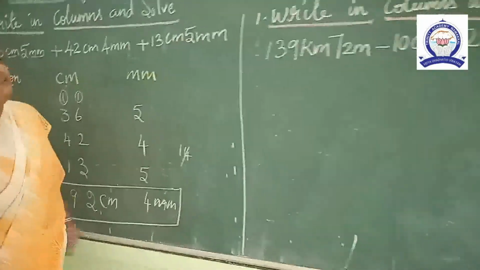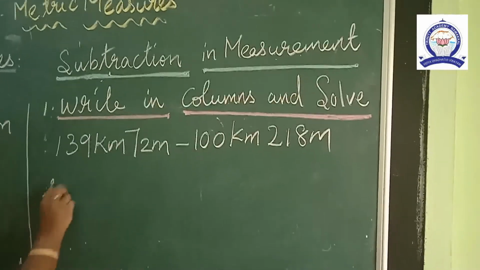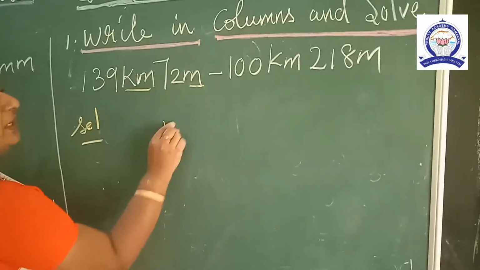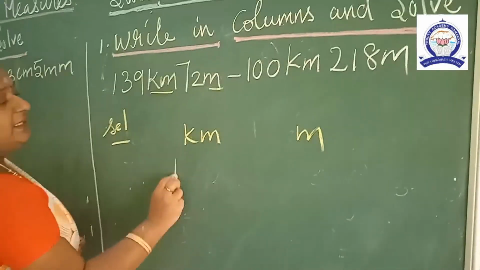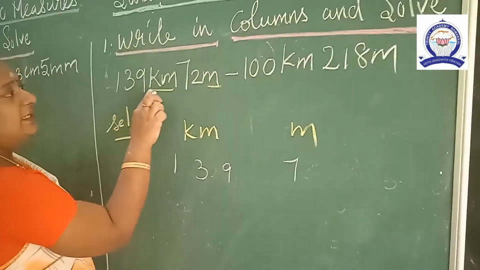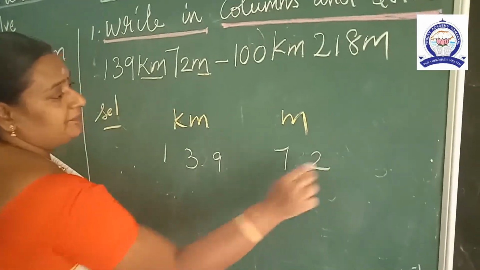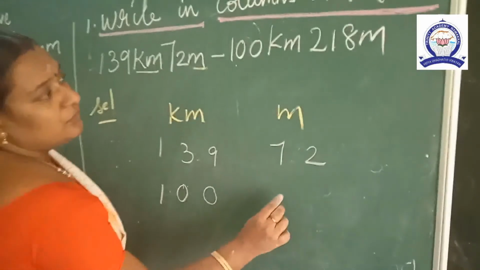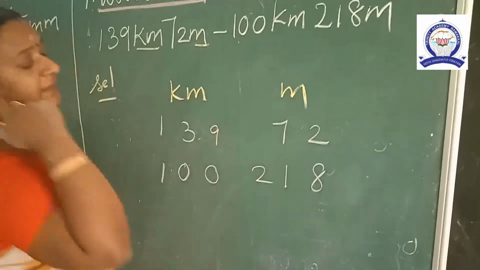See the second question. Subtraction of measurement. Write in column and solve. So same step as addition, you write the units on top, kilometer and meter. Arrange the numbers: 139 kilometer 72 meter, minus 100 kilometer 218 meter.